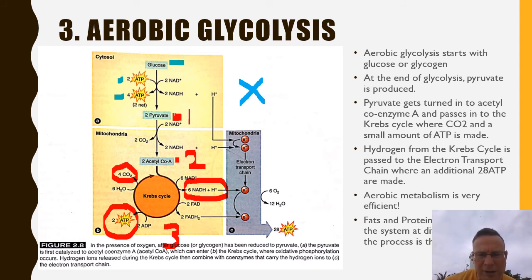hydrogen? Now think about what I said in the previous slides: hydrogen on its own is pretty bad for muscle. It creates acidity. Here, hydrogen is clipped onto these little carriers, and they take it to something called the electron transport chain.